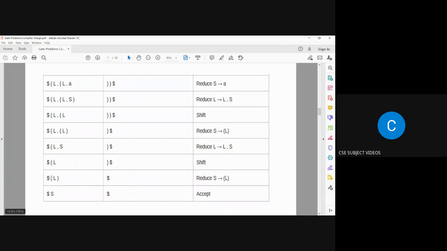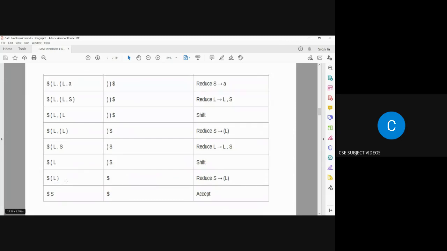So the top of the stack has $ [L ], and the input buffer is now nil. All the input symbols we have shifted from the input buffer to the top of the stack. Now the input buffer has only the $ symbol. Now with this step, what will we do next, $ [L ]?